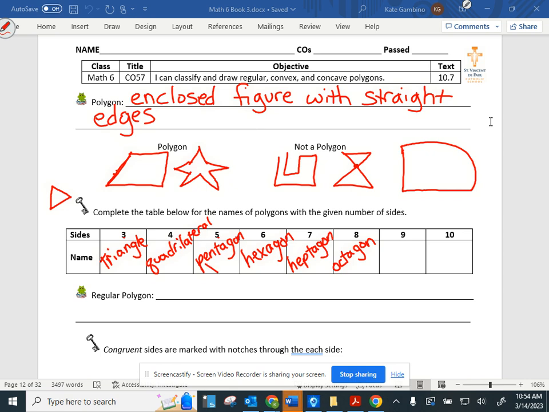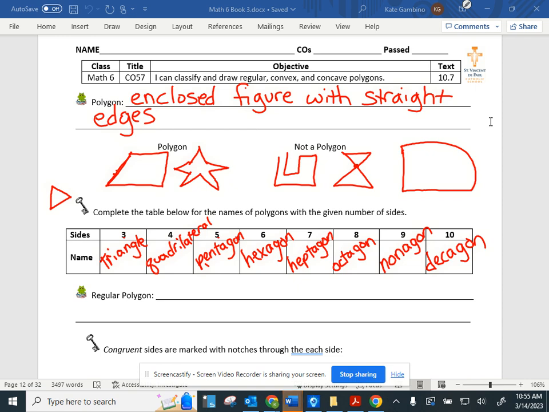Any guess on the 9? 9 is the nonagon. 10 is deca. So it's a decagon. You need to know these.